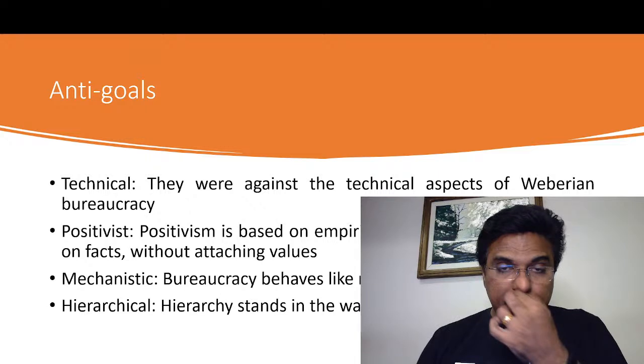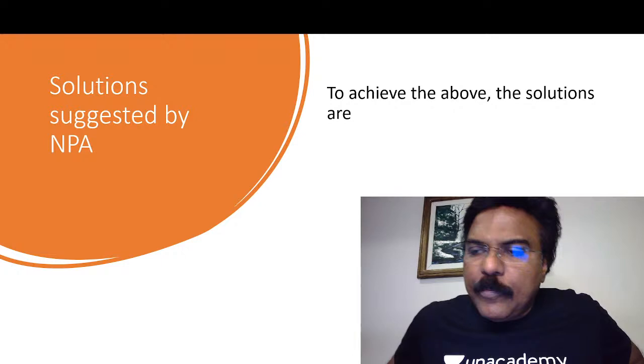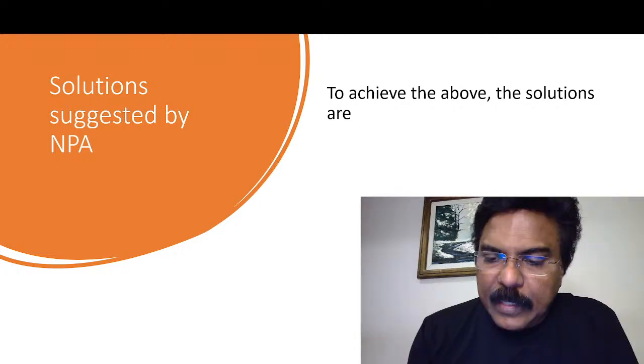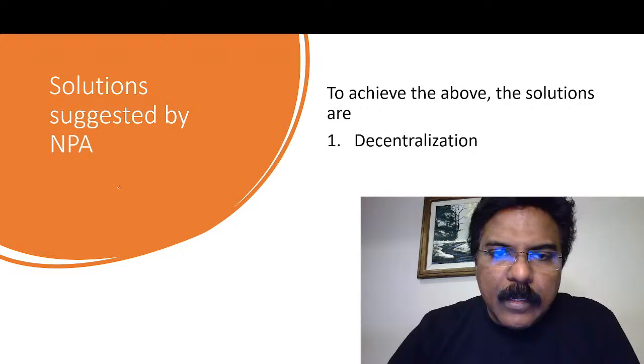What are the suggestions by NPA? To achieve the above solutions. And see, we are talking about 1968 and they are so forward in the thinking. What are they saying? Decentralize. Don't have the central authority.